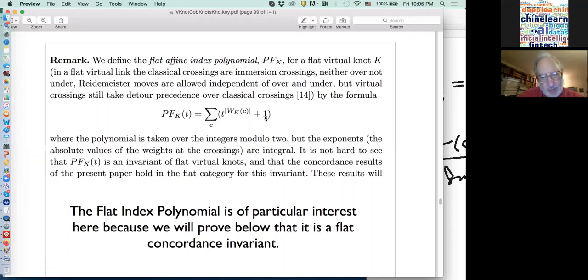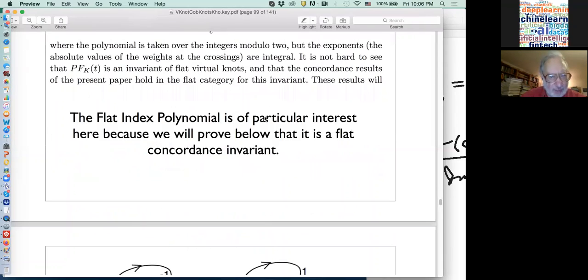So once I regard the coefficients modulo 2, there are no signs of crossings. So all you have is t to the absolute value of the weight of the crossing plus 1, which gives you the effective writhe compensation. And this is an invariant of flats, and it's an invariant of concordance as well for flats.